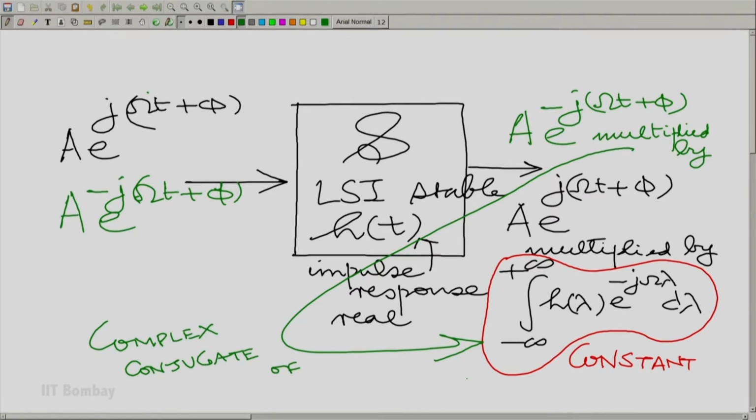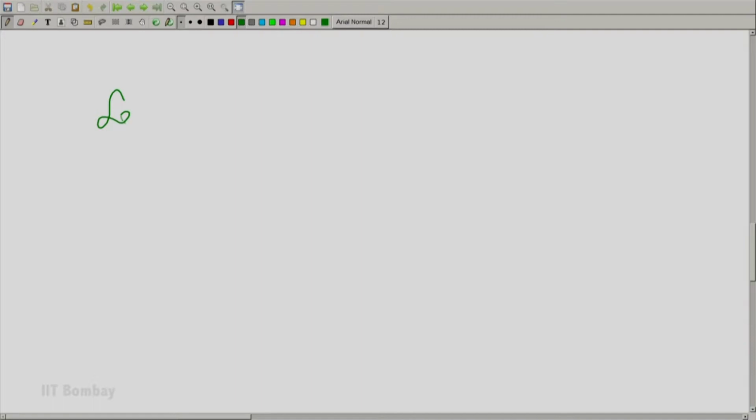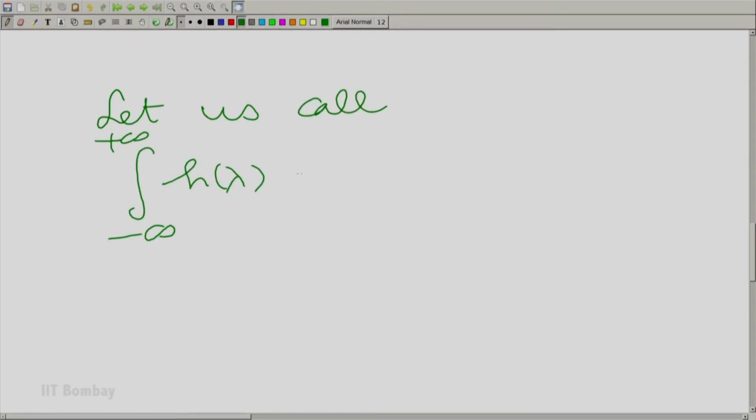So, it is just a change of constant, and those constants are complex conjugates of one another. Let us give this constant a name. Let us call this constant capital H as a function of omega.